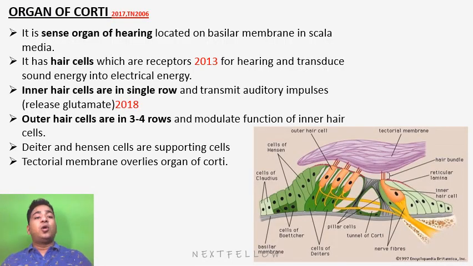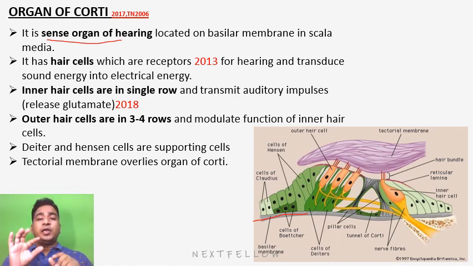Now let's talk about the organ of Corti, which is the sensory organ of hearing. Look at the diagram. This is the basilar membrane, and over this the organ of Corti rests, which consists of the inner hair cell and the outer hair cell. The inner hair cells are in a single row, whereas the outer hair cells are in 3 to 4 rows.